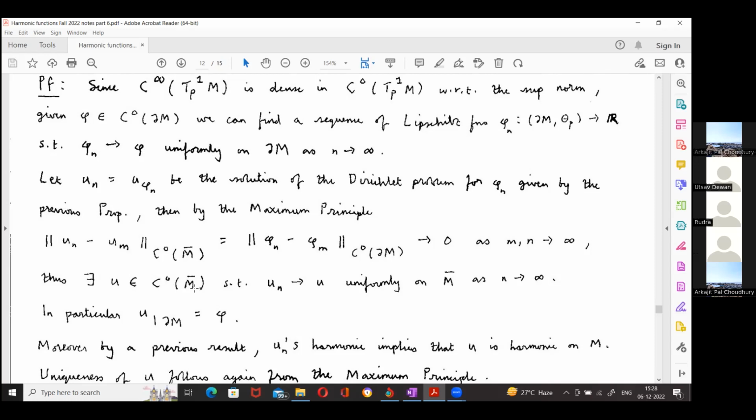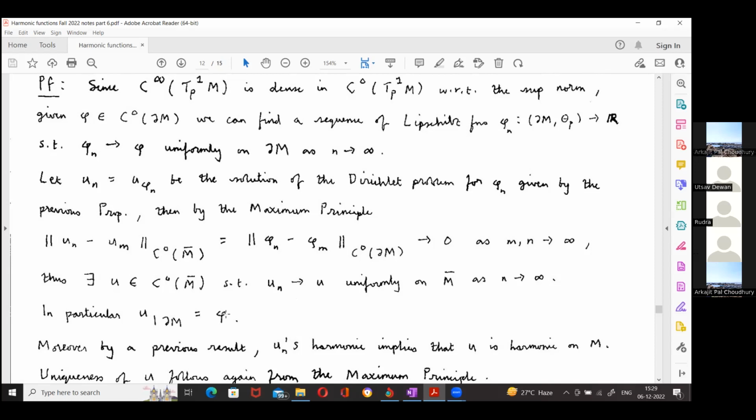And moreover, because the convergence is uniform and the un's boundary values are converging to phi, that means that the boundary value of u has to equal phi, right? Okay. So this is all because we have uniform convergence on the compact space M bar, right? So uniform convergence on M bar implies that we get a function u which is continuous on M bar and whose boundary value is phi.